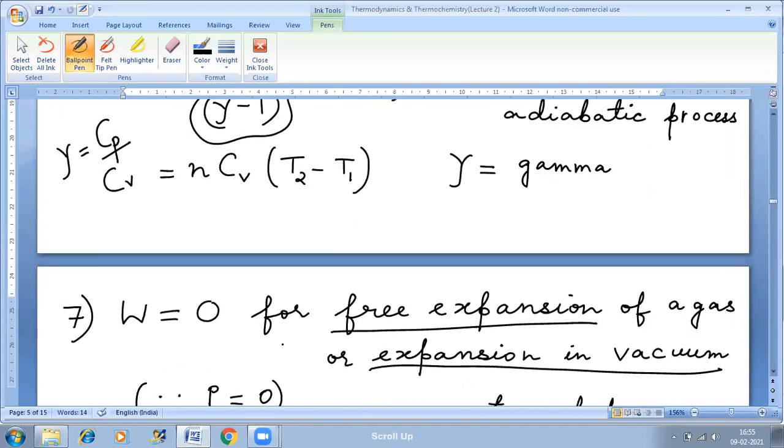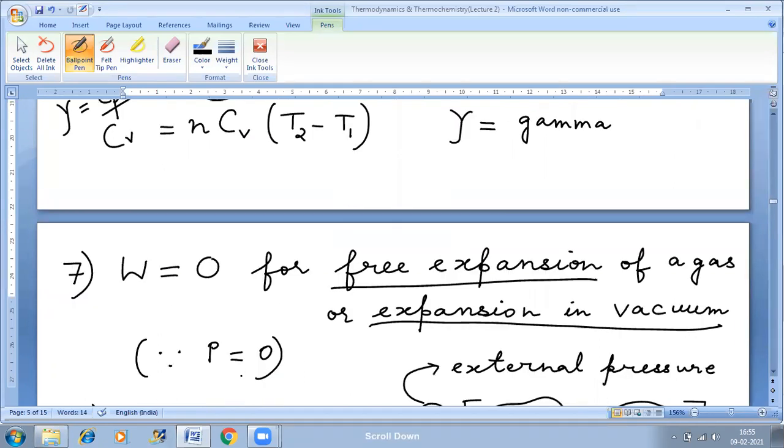Next one. If a gas expands in vacuum, that means if the external pressure is zero, because vacuum means that the external pressure is zero, then we call it free expansion of gas. So work done in case of free expansion of a gas is zero. Why? Because pressure will be zero.